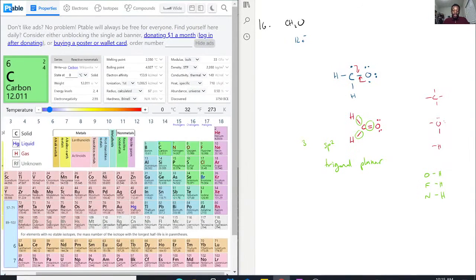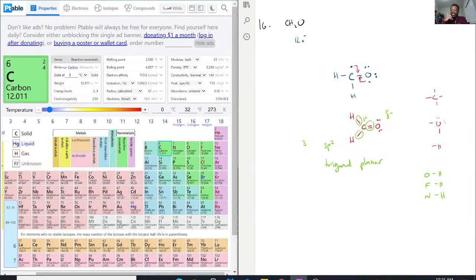But oxygen has 3.44. Let me just do the math, 3.44 minus 2.55, there's a 0.89 difference. We're now in the range of a polar covalent bond. So this oxygen would exhibit a greater electron affinity than this carbon here.